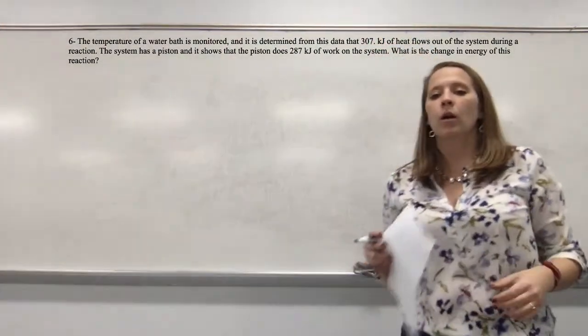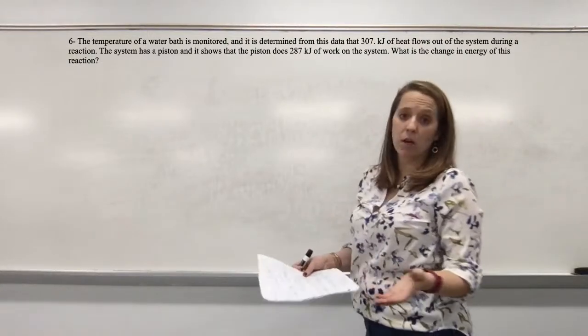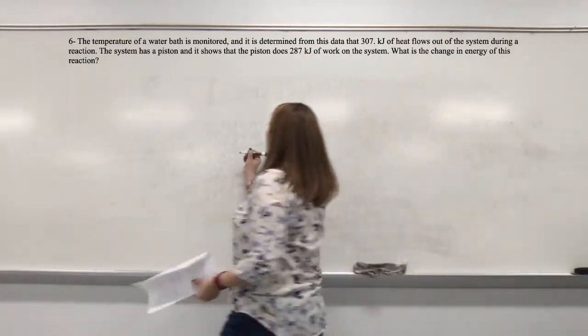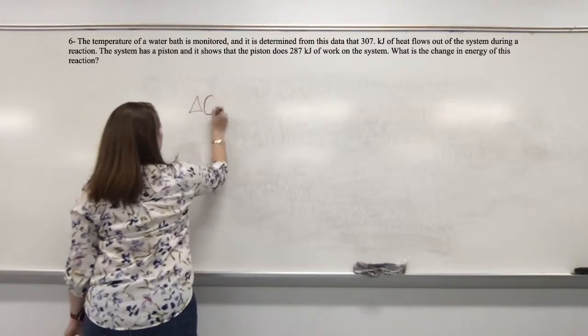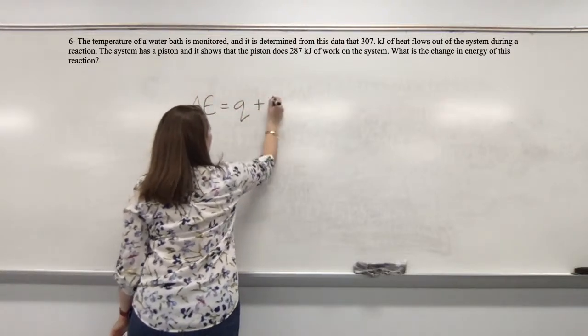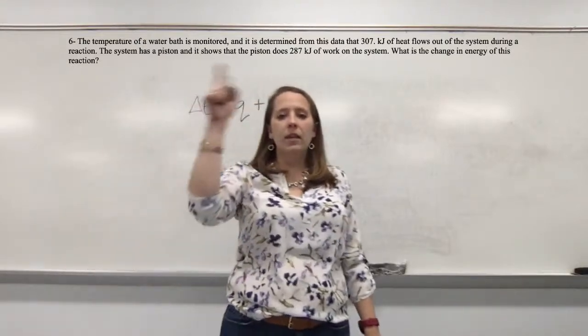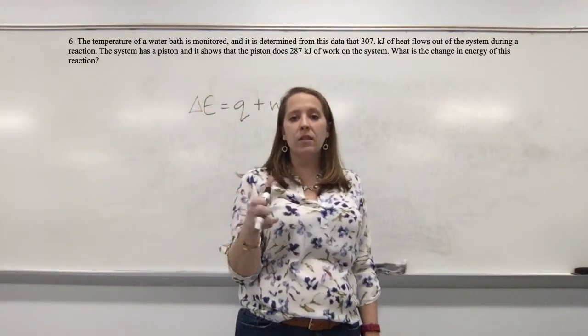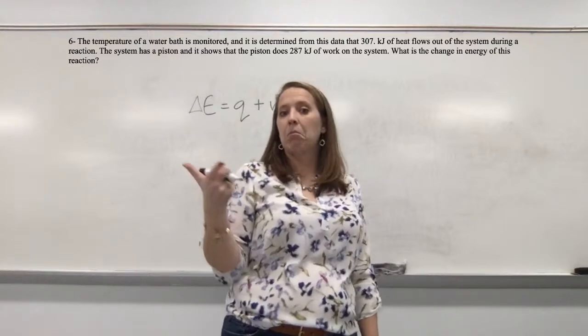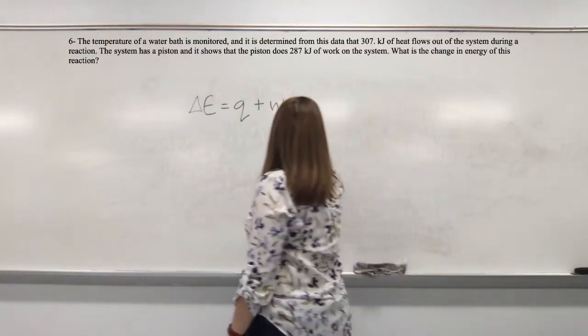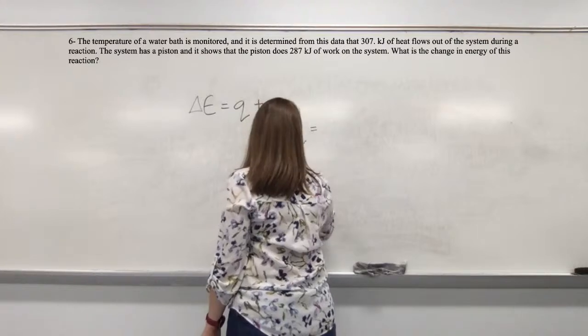So we know, or we're learning perhaps, that the change in energy, delta E, equals Q plus W. So it's a good sign. So in this question, we can see heat and work. Nice. So Q equals and work equals.